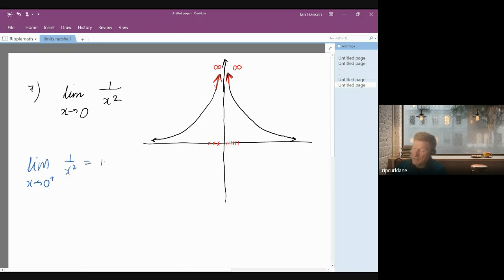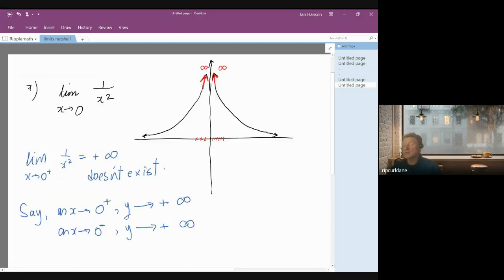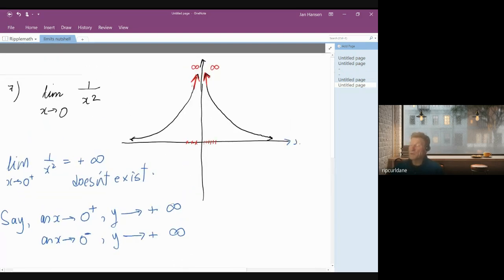It's equal to plus infinity in a sense, but it doesn't exist, because infinity isn't a number. But you can say, when you're drawing graphs and so on, as x approaches 0 from the plus side, y approaches positive infinity. And as x approaches 0 from the left, y also approaches positive infinity. That's perfectly legal to talk like that because we were talking about how to draw graphs, and that's all helpful.